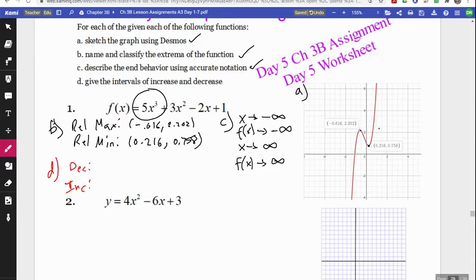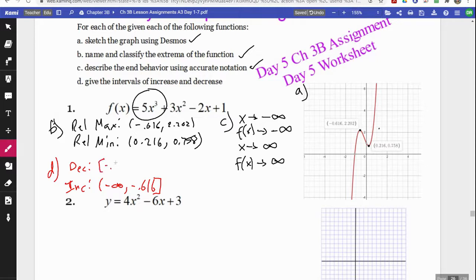And so that means starting at negative infinity, it goes up to the relative extrema of negative 0.616. And that is a definite number, so we put a bracket there. And next, it's going down for the first time, so it's decreasing from this point to this point.